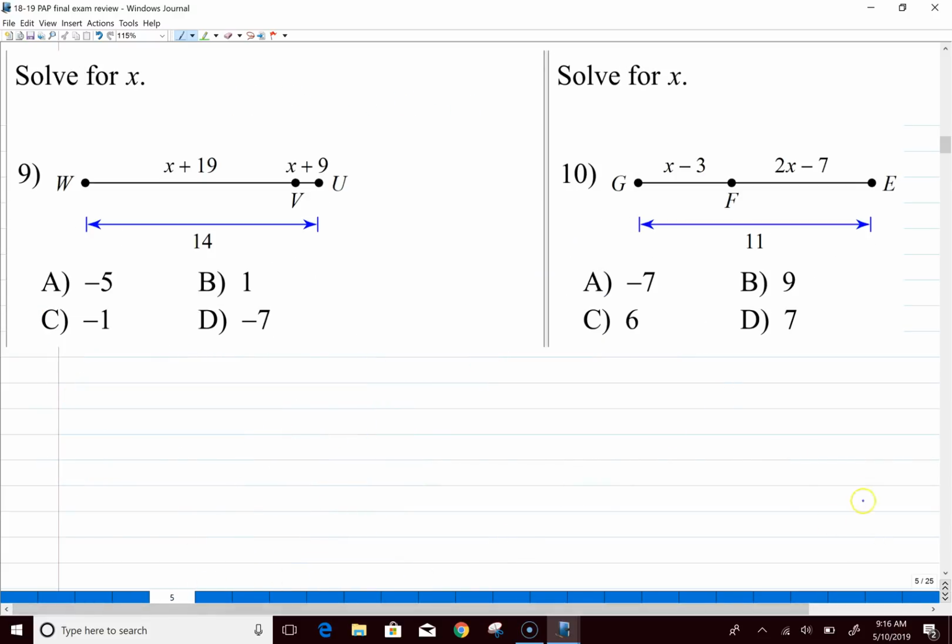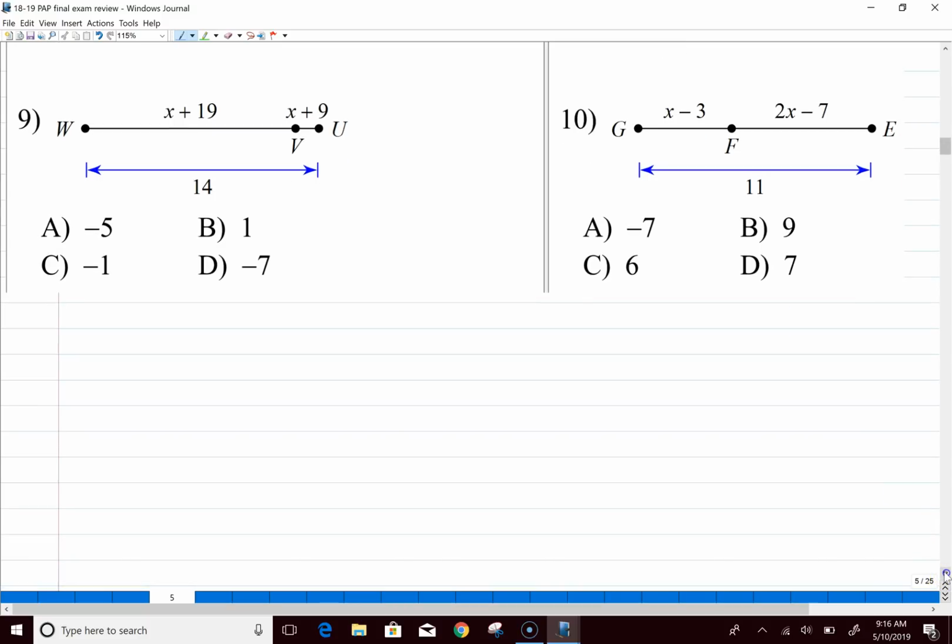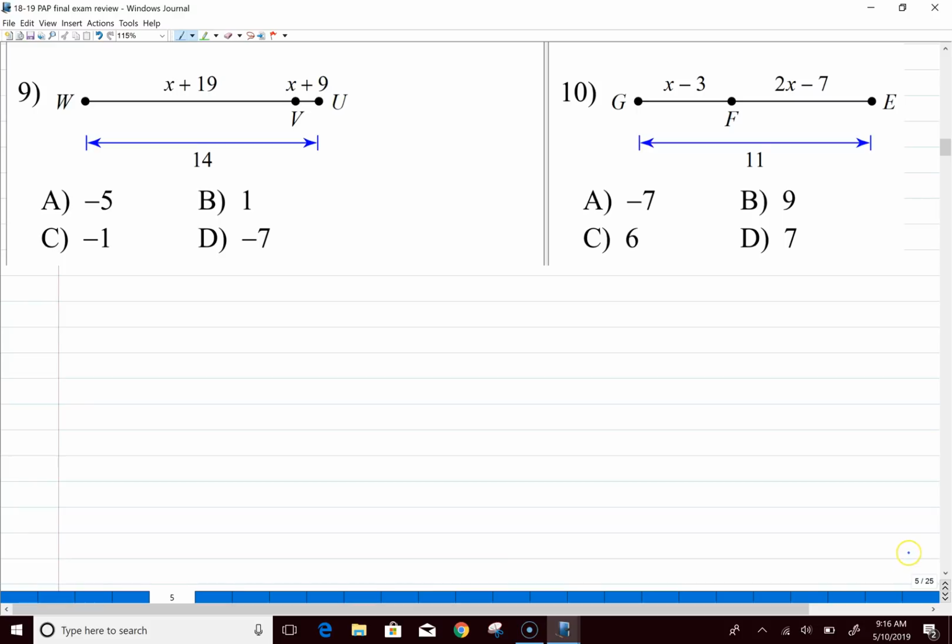Alright. Solve for x. GF is x minus 3. FE is 2x minus 7.